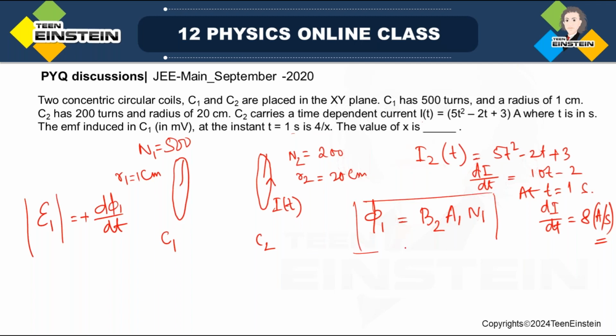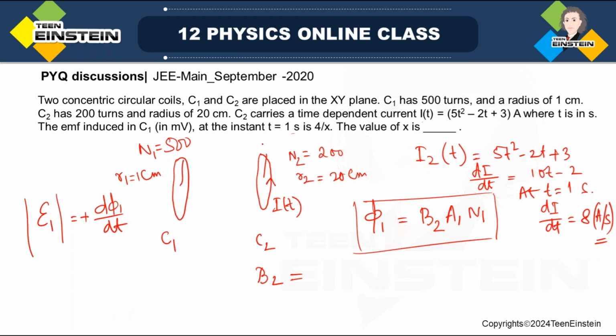So now with this we will go on, but what is this B? B2 is the magnetic field produced at the center. What is the magnetic field produced at the center of this?